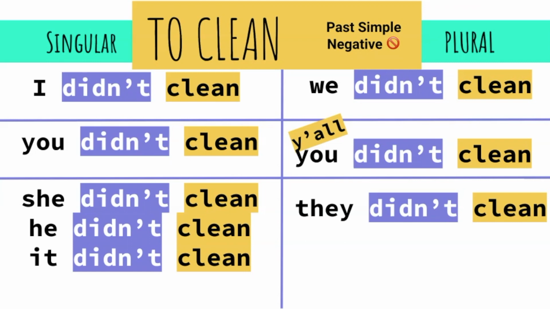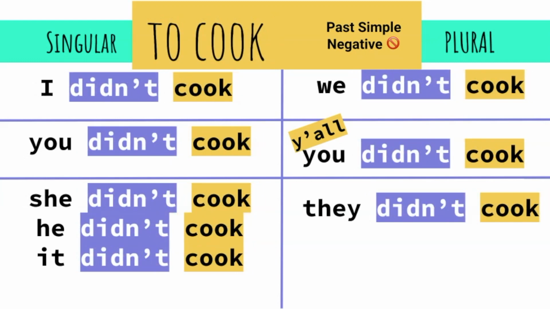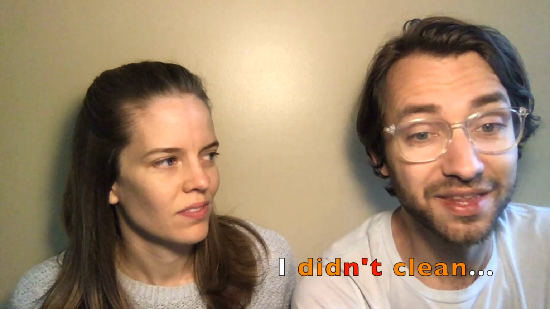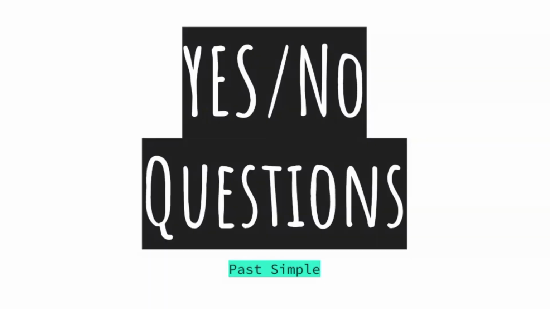Nice work. Let's look at a few more examples. I didn't cook. I didn't sleep. I didn't clean the bathrooms today. Did you work today? Yes, I did. No, you didn't. Oh. No, I didn't. Yes, no questions.